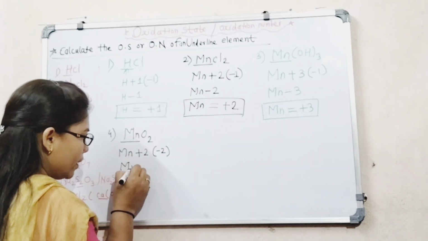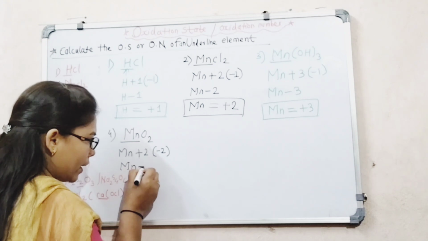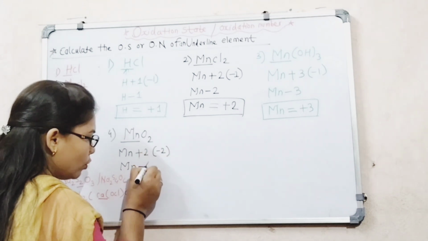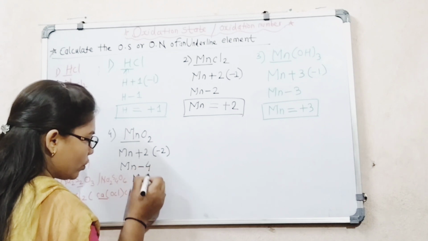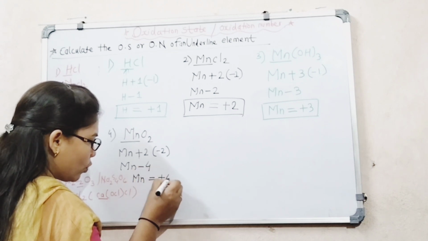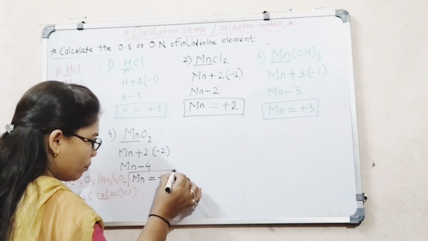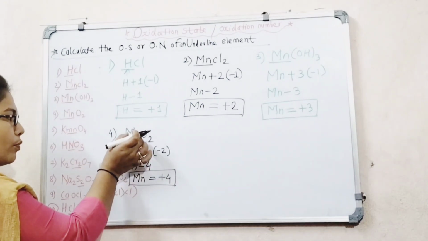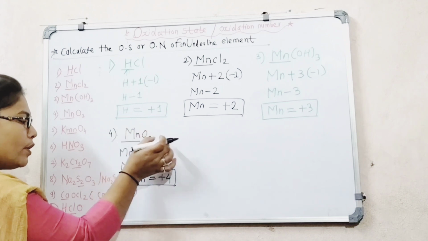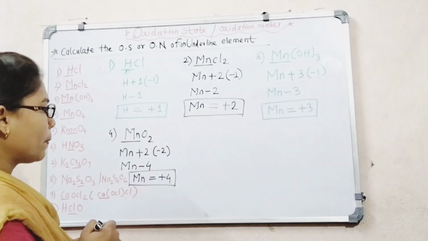Then Mn + (2 × -2) = 0, and this -4 becomes +4 when it goes beyond the equal sign. So the oxidation state of Mn in MnO2 is +4.